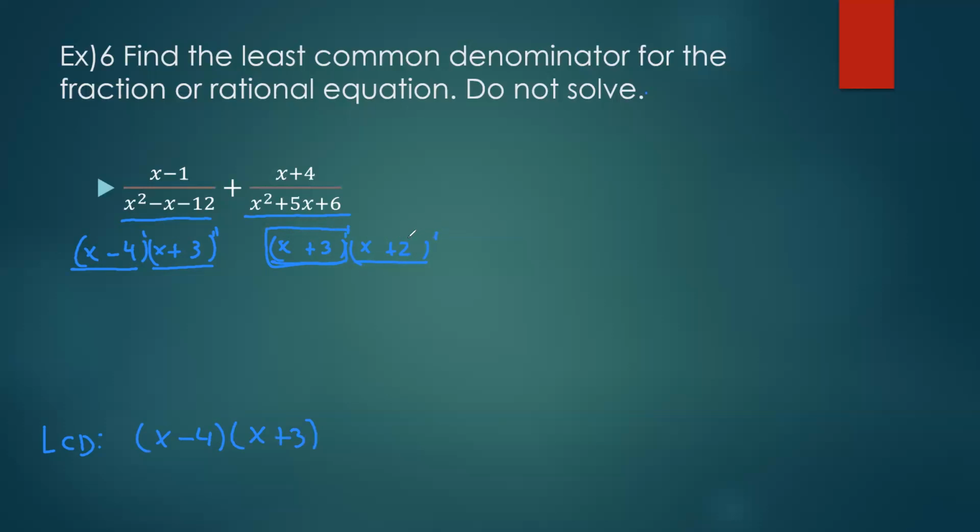This is one term. Do you see anywhere else with the base of x plus 2? I don't. So you just bring that down. So this is your LCD, all this, and just leave it like that. Do not multiply it out. Okay, I think I will stop here, and then we'll do part 2.